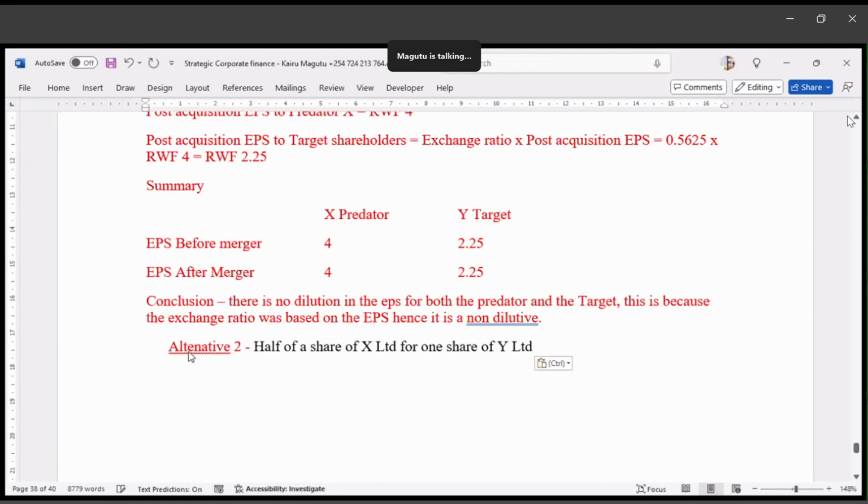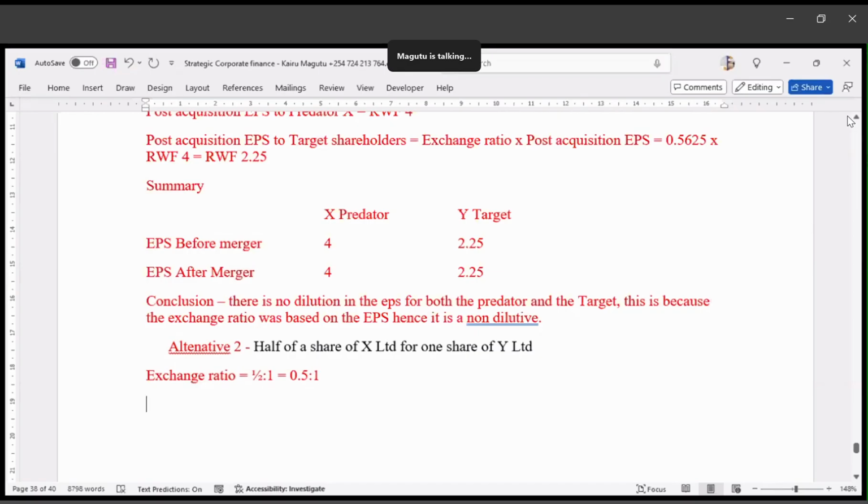Then I'll come down here and say that exchange ratio is equal to half, 1/2 is to 1, and this is equal to 0.5 to 1. That is the exchange ratio.